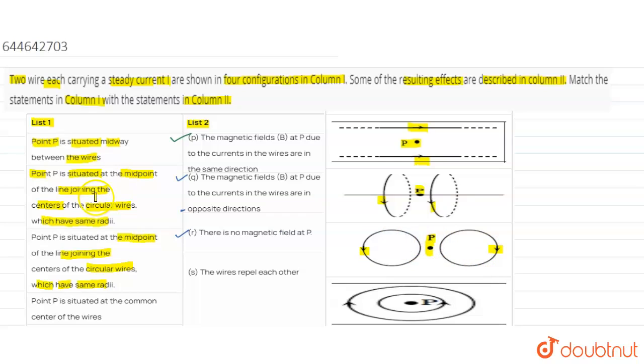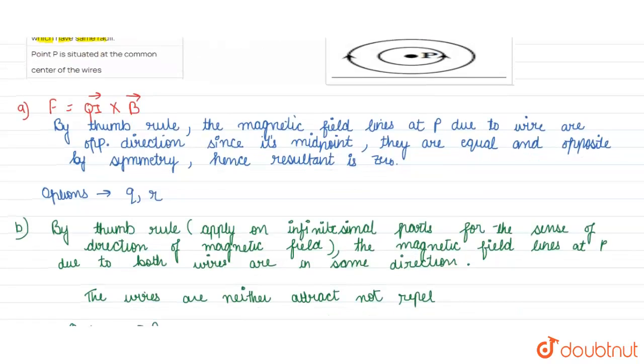So by thumb rule, the magnetic field lines at P due to both wires are in opposite direction, and since P is the midpoint, they are equal and opposite by symmetry, hence the resultant field is 0.